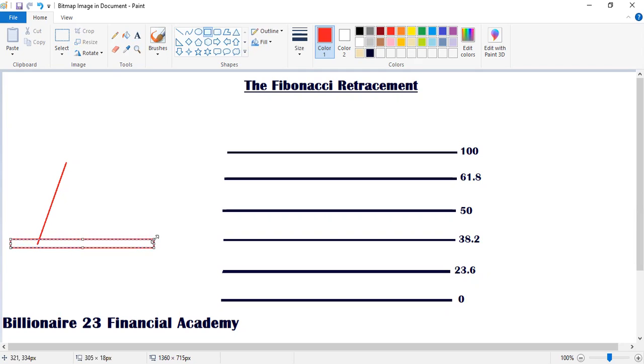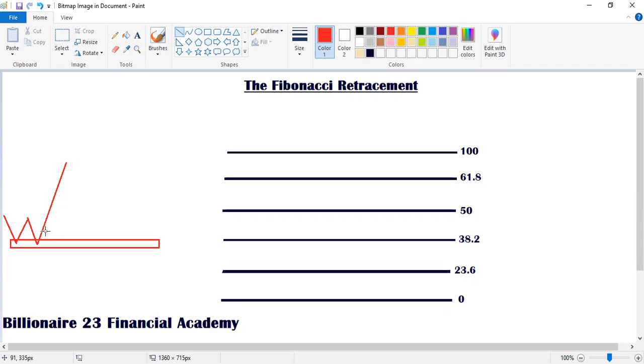Let's say this was some sort of support, right? Price did something like that. There was some sort of support structure here. So then price shot up.